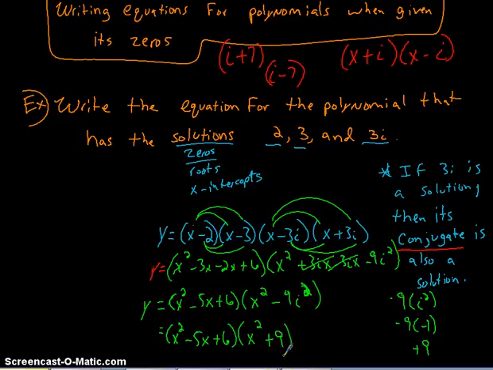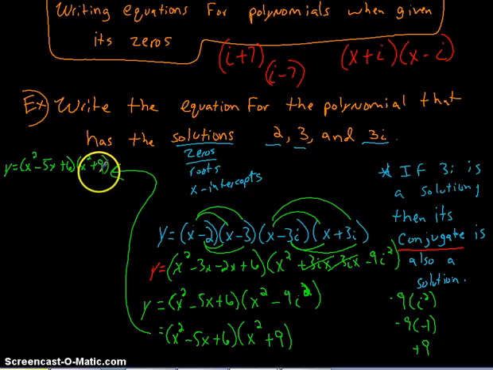From there, our last step would be to multiply these two together. Since I'm out of space, I may as well write it over here. So rewriting that, y equals x squared subtract 5x plus 6 times x squared plus 9. You can see this is going to have zeros of positive and negative 3i, because when you set that equal to 0, you get the square root of negative 9, which is positive and negative 3i.